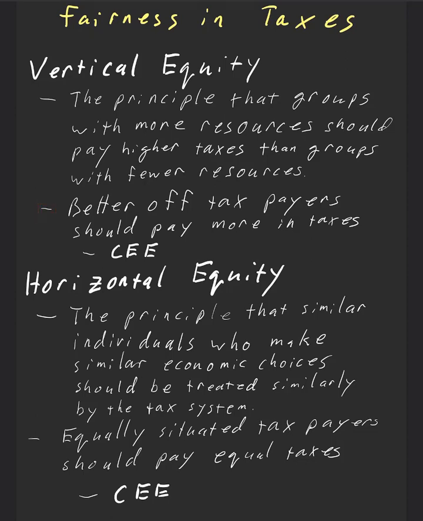So horizontal equity says we shouldn't have a situation where people that are in the same category somehow pay different amounts of taxes. The CEE says equally situated taxpayers should pay equal taxes. So people that are in similar situations should pay similar taxes. This is the basic fundamental idea of fairness, probably, that there isn't some arbitrariness to the way that taxes are getting applied.